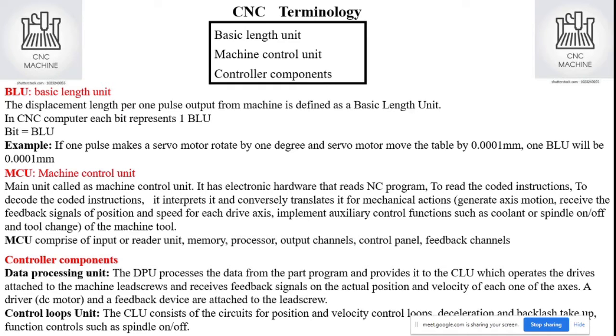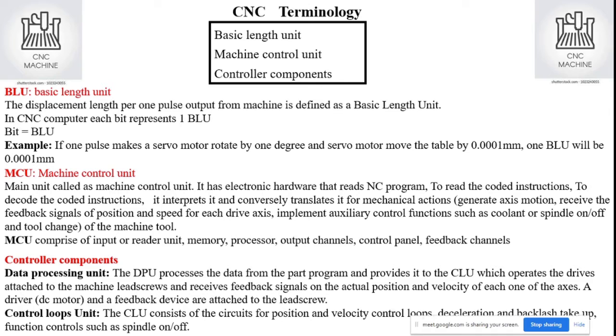Then the third important terminology available with the CNC machine is the controller components. In the controller components, there are two units: the data processing unit and the second one, the control loops unit.